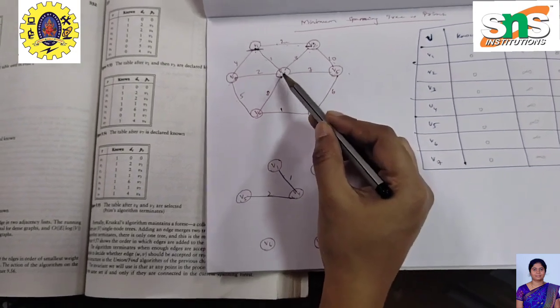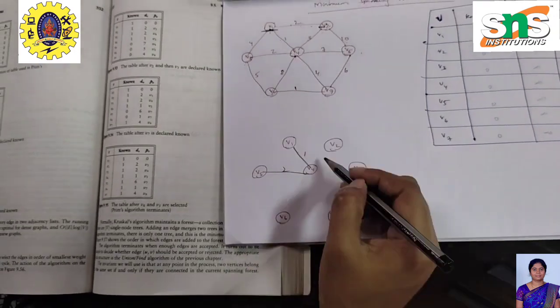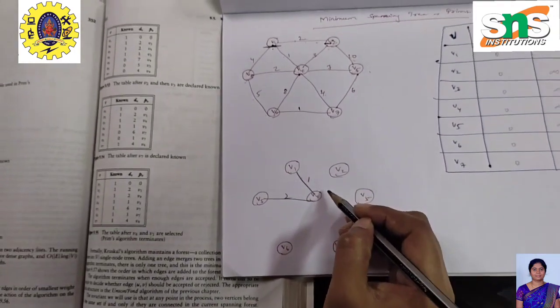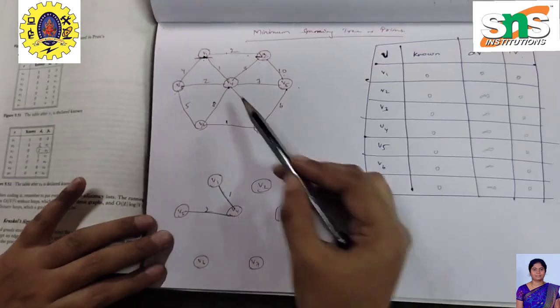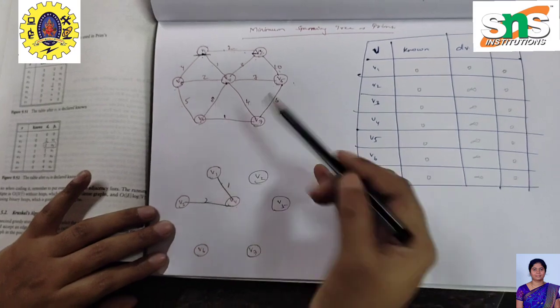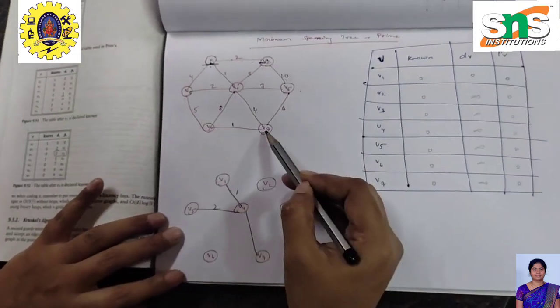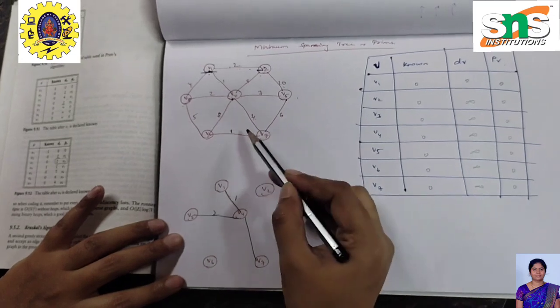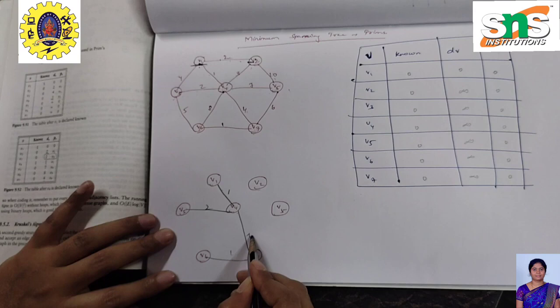Next, from V4 we have the minimum value 2, so visited here. The next minimum value from this is 4, so we have to visit this one. After visiting V7, the minimum value to visit is 1, so I am visiting here.